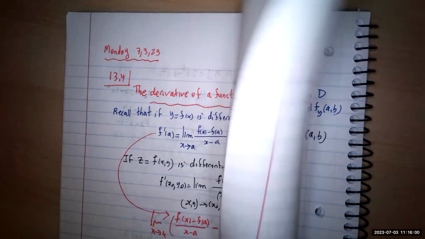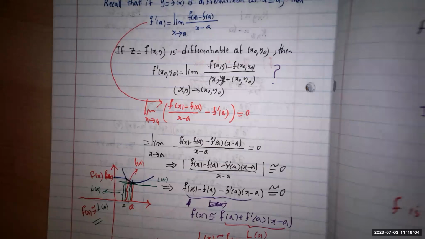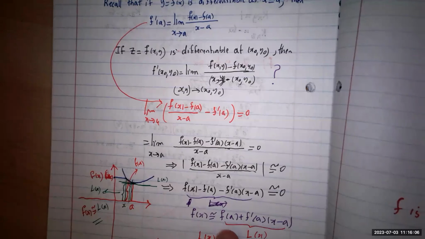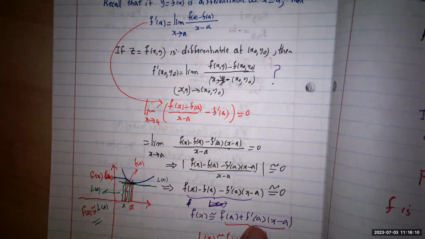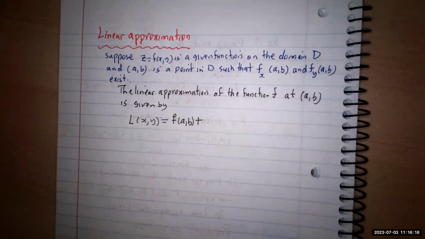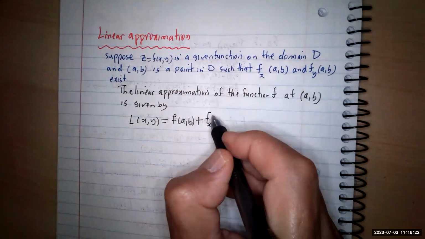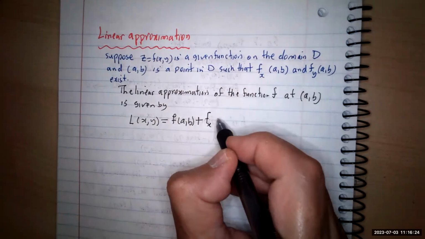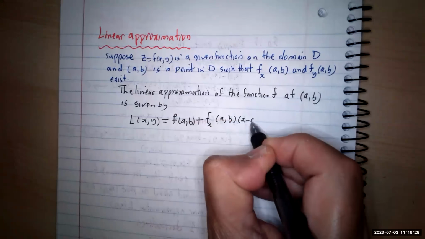In the second part, you see it was f prime times (x minus a). We don't have the f prime because this is a function of two variables. Instead of f prime, I switch to the partial derivative with respect to x at (a, b), multiplied by (x minus a).